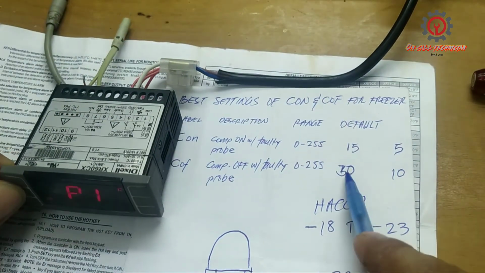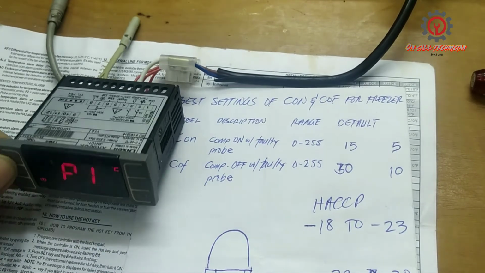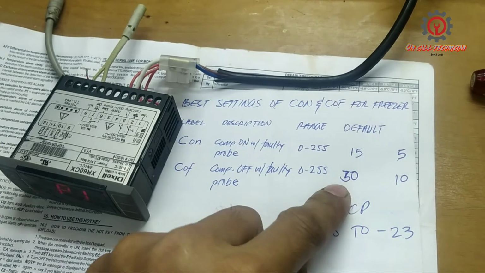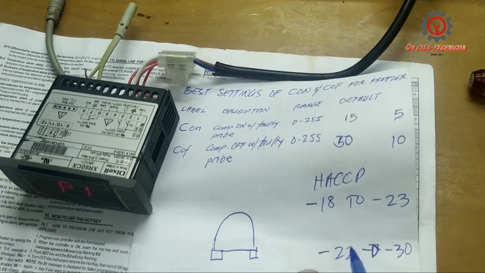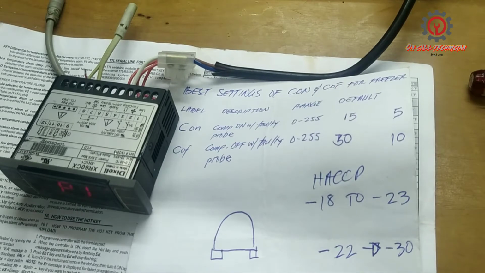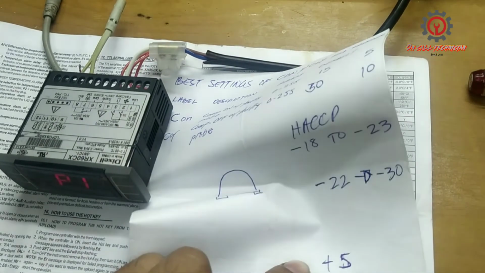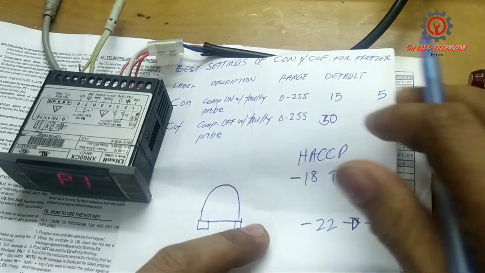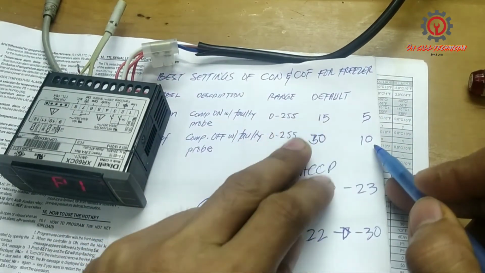And for the off also, just in case we are in negative 22 and the compressor will turn off for 30 minutes, this negative 22 for 30 minutes will go to positive 5, and we're going to prevent that from happening. That's why we're going to set that to 5 minutes and 10 minutes only.